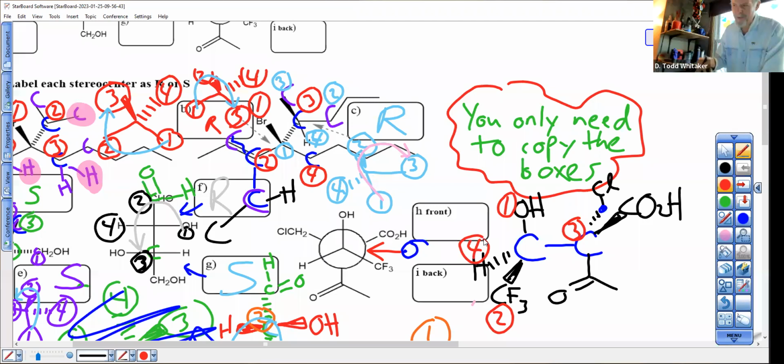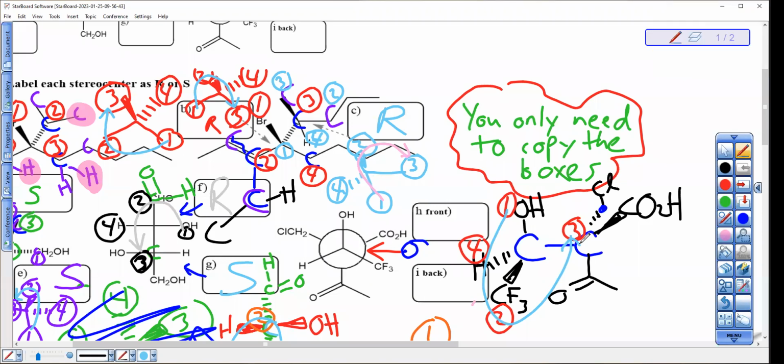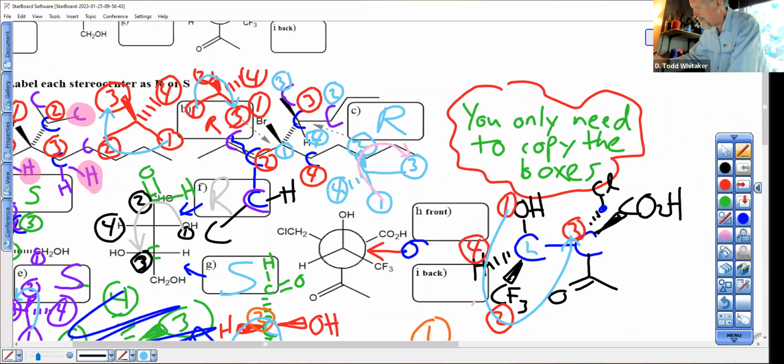I chose my eyeball to go there on purpose. So the 4 was already on a dash. This is a straight connection, isn't it? 4 is already on a dash. 1, 2, 3, is that clockwise or counterclockwise? Counter. H is the front, and this one will be I. And that was counter, which is S.